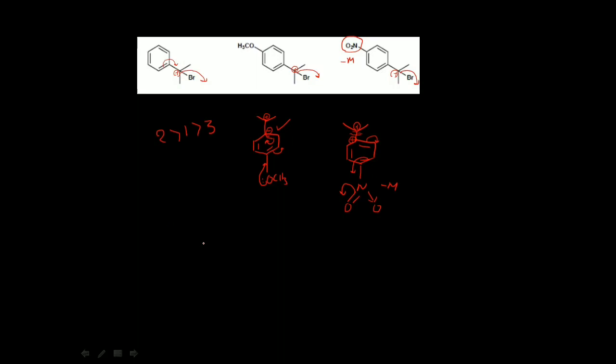Now I want to add some more information here. First, suppose I am taking it like this. This is benzyl bromide. Here this one is the CH3 group, and next this one is also benzyl bromide.